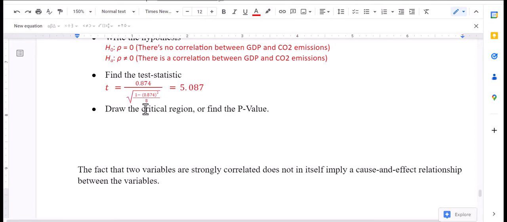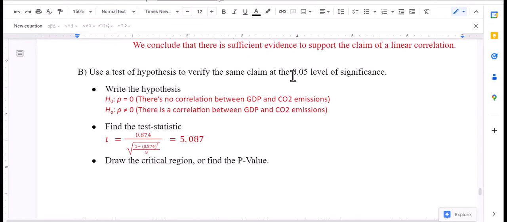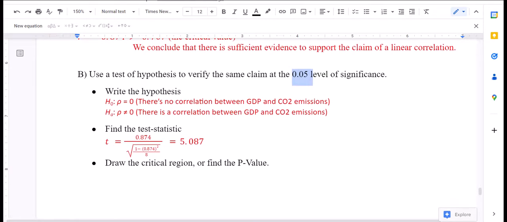So we can either draw the critical region or find the p-value. If we're going to draw the critical region, we want to look at our t values, the critical values, to be able to draw the critical region. So we had our level of significance as 0.05 and our degrees of freedom are 8, 10 minus 2.